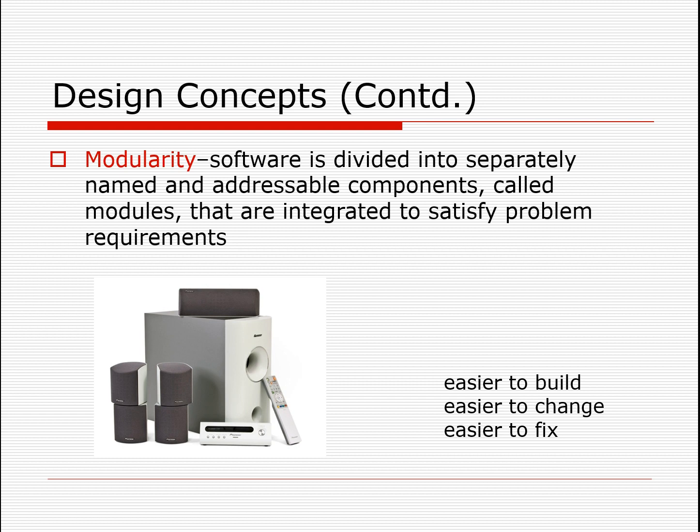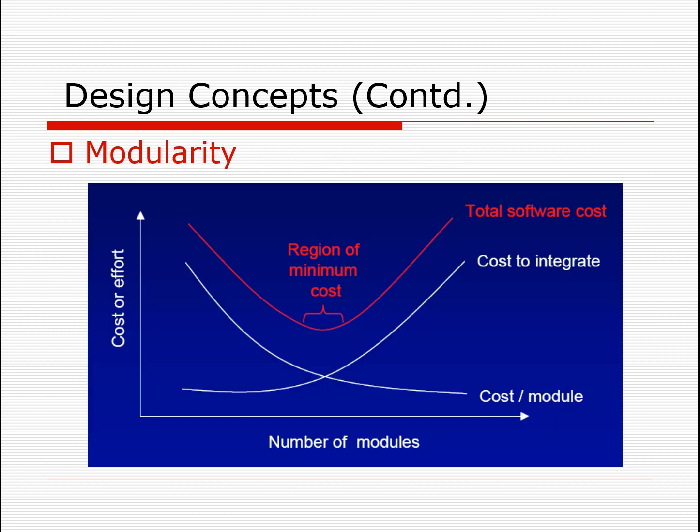Then composability, then understandability, then continuity, and then we can use protection to get the required result. This is a way through which we can represent the effort, the number of modules we are implementing, and the total software cost. So we have to consider all these factors while we are designing.